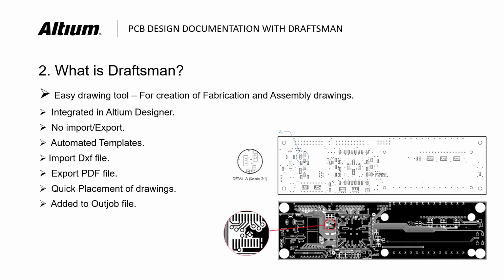Draftsman is a professional PCB-driven tool, easily used for drawing your fabrication and assembly drawings. Here you can not only place your assembly and fabrication drawings, you can also place your bill of material, drill drawing, tables, and the transmission table. Everything you can place here. Later we will see it in our demo.